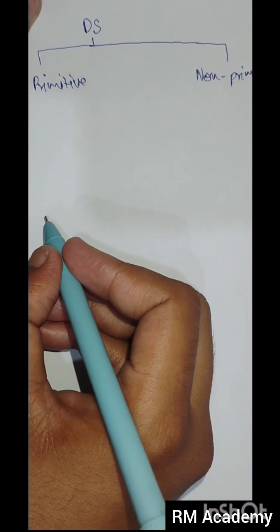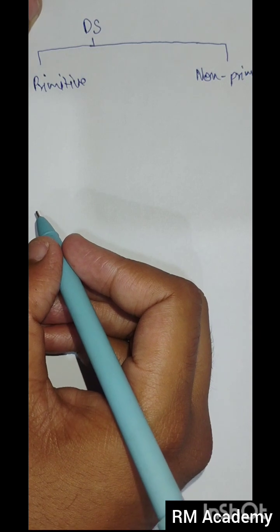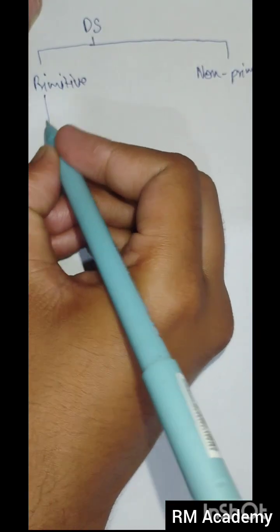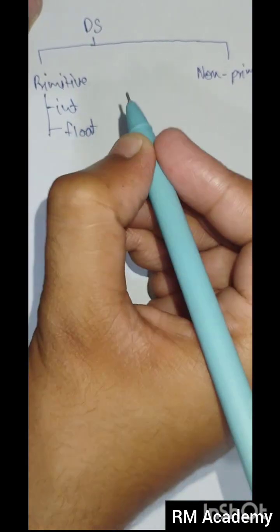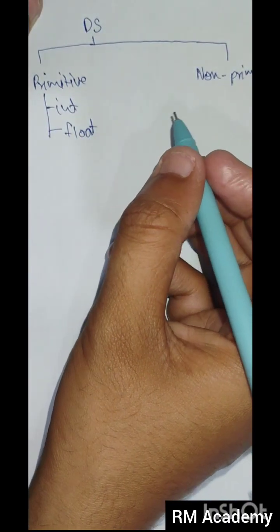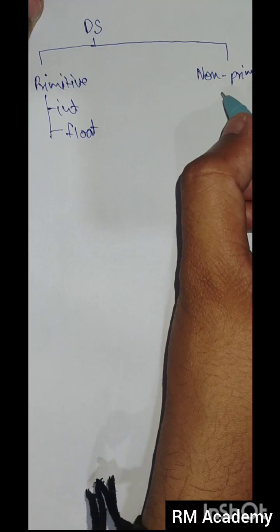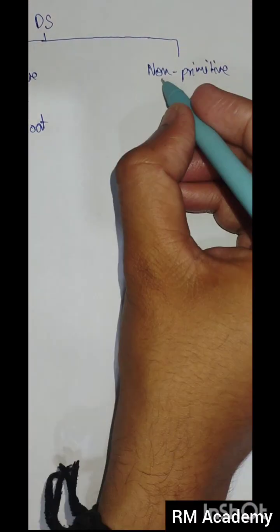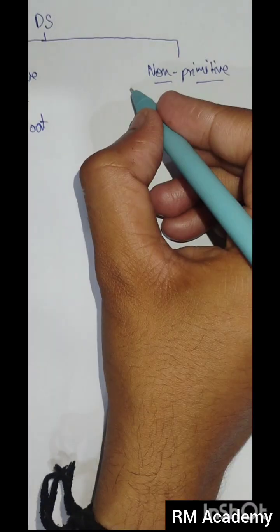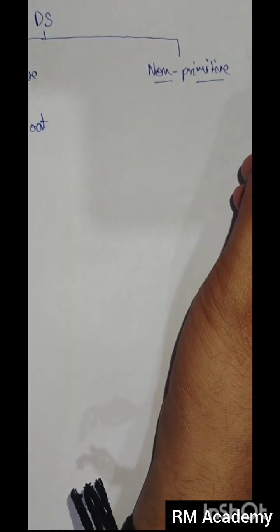In primitive, basic data types are provided by programming languages like int, float, etc. On the other hand, non-primitive data structure is nothing but data derived from primitive data structure only.